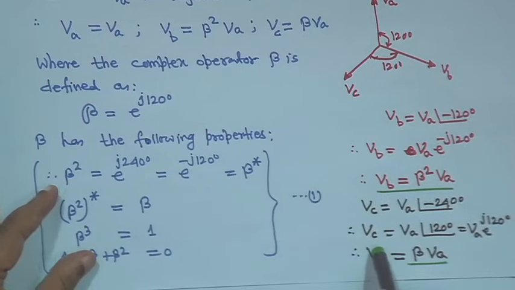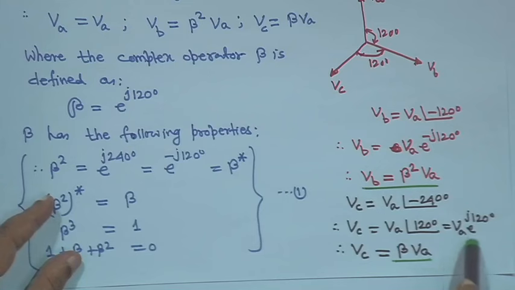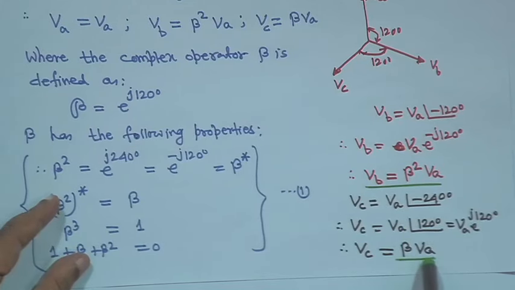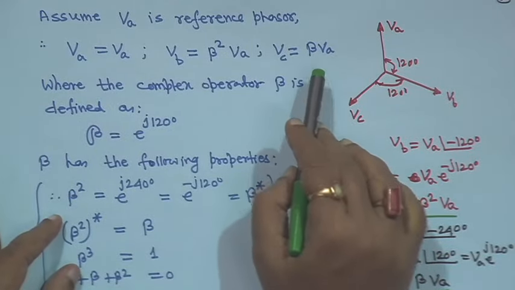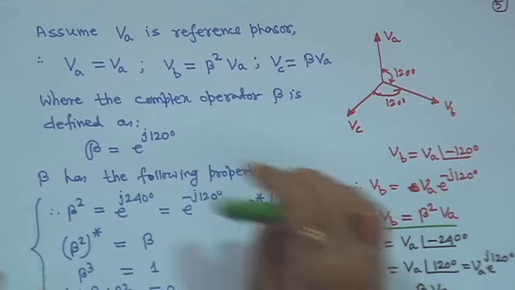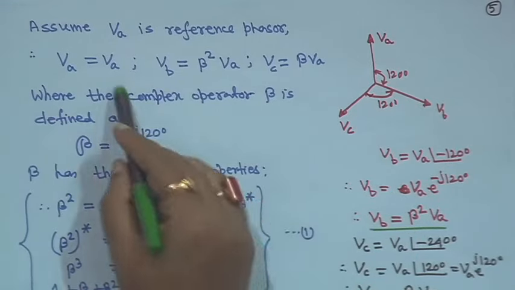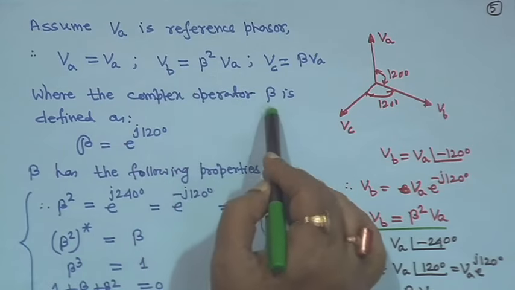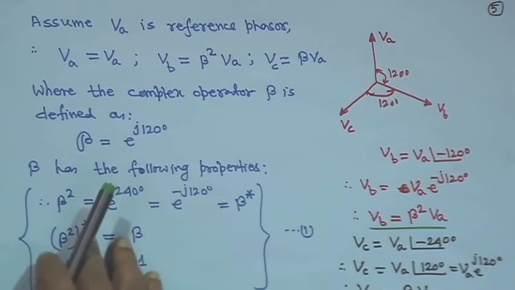So, this can be written as VC is equal to VA angle 120 degree, that is VA e to the power j 120 degree, so VC is equal to beta VA. That means we are putting VB and VC in terms of a complex operator beta, where beta is equal to e to the power j 120 degree.